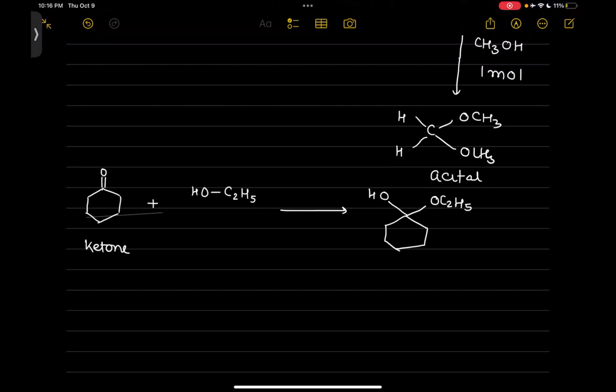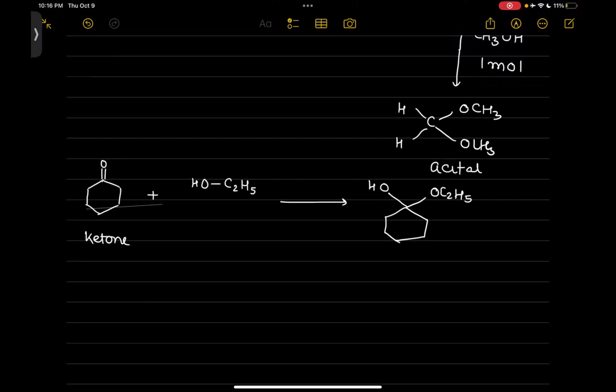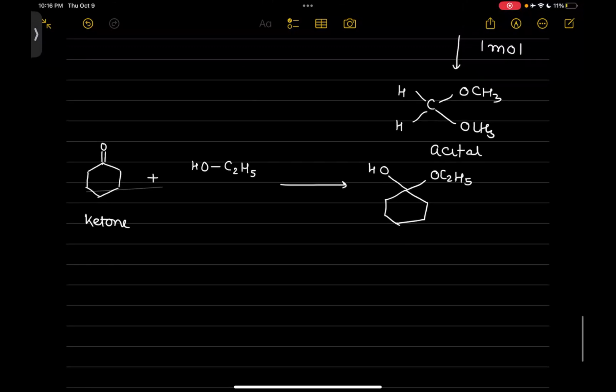Clear or not? Which class of compound does this belong to? It's hemi because there is one OH and it is prepared from a ketone. Hemiketal. Got it?